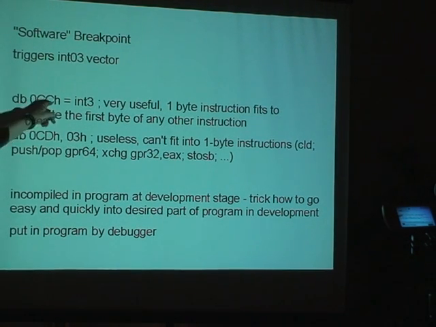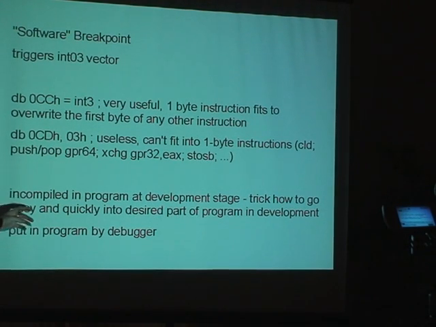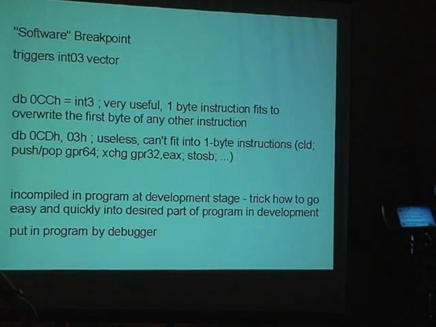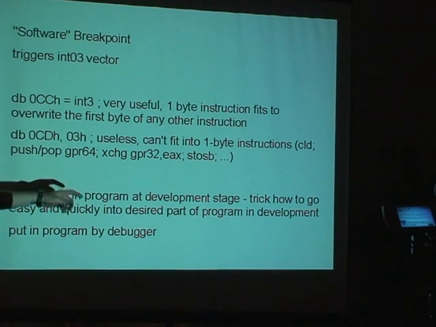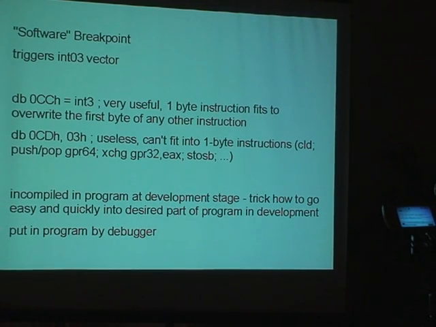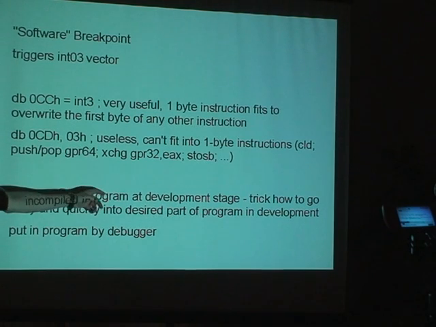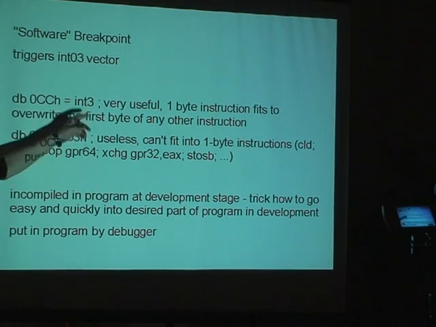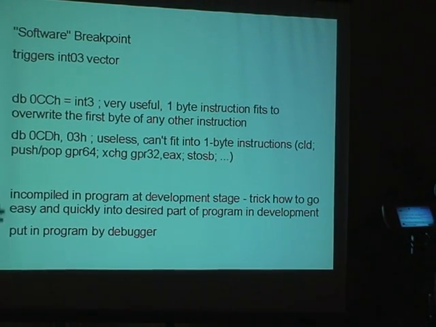This instruction may occur in a program as a result of the debugger working, when the debugger puts it into the running program at the time when the program is stopped. The debugger puts it into the program and waits until the interrupt is triggered and this instruction is executed.